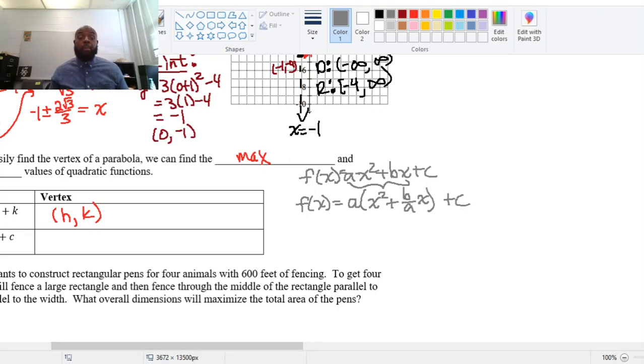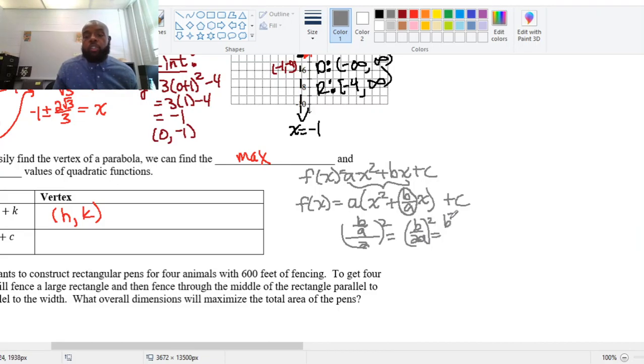Now with that, remember, we always use b over 2's quantity squared in order to add it to complete the square, right? So in the place of b is this whole thing here. I have to do b over a divided by 2 squared. When we divide by 2, we multiply by the reciprocal of 2, which is 1/2. So b over a times 1 over 2 is b over 2a quantity squared, which is b squared over 4a squared.